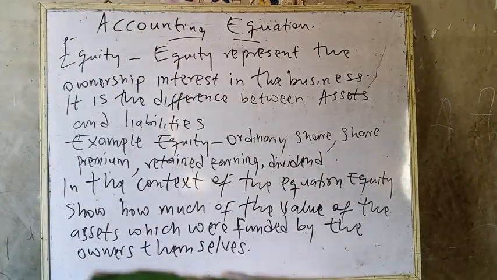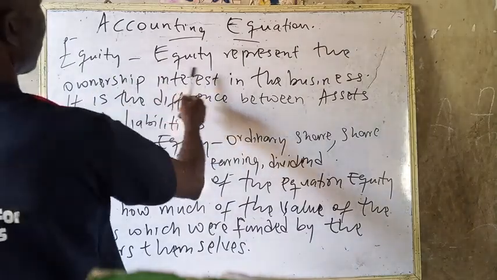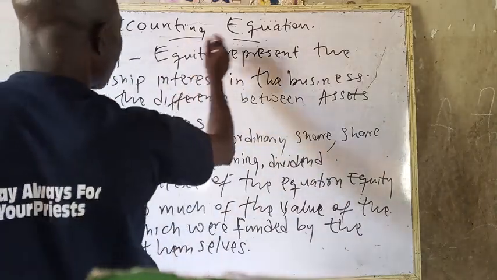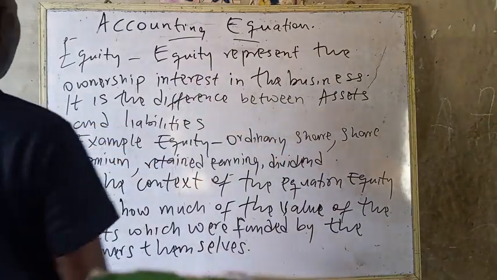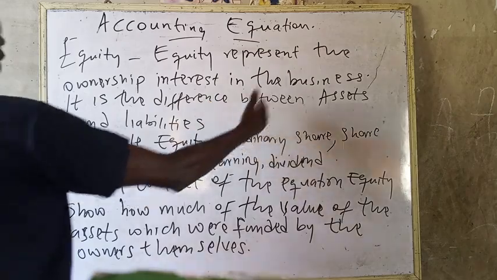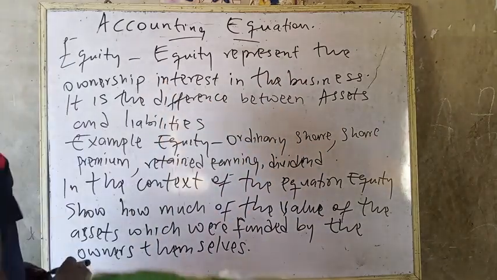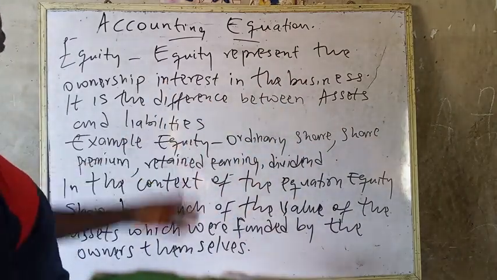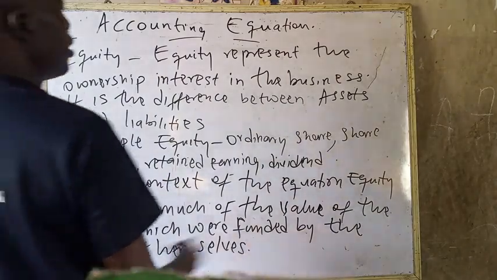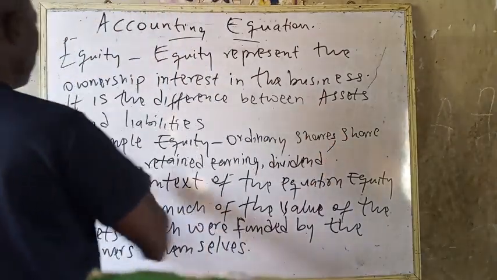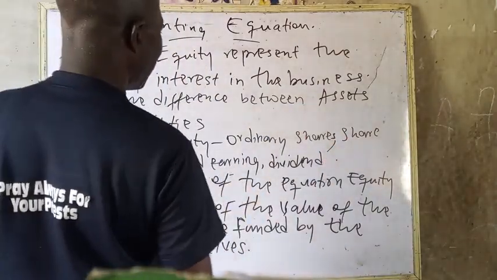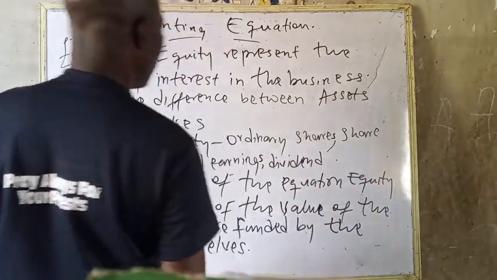This is equity. Equity represents the ownership interest in the business. It is the difference between assets and liability. Then what are the examples of equity? Equity are ordinary shares, share premium, retained earnings, dividend, and so on and so forth.